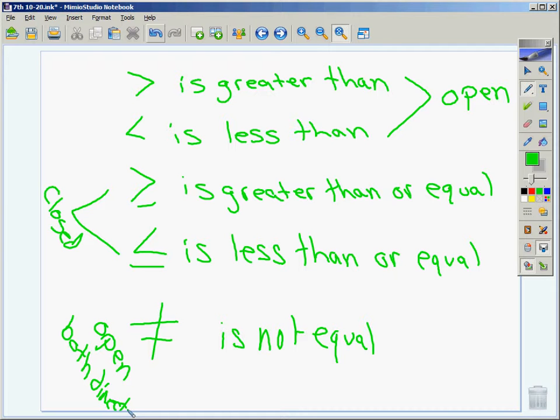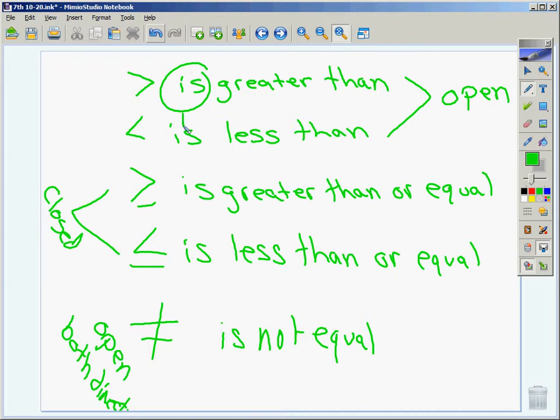And the reason it's important to recognize that this is read as greater than is because more than and less than are used in word problems all the time. More than means that you're adding something, but if I say is more than, that's what makes it an inequality.